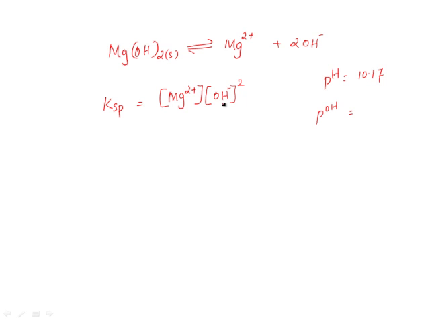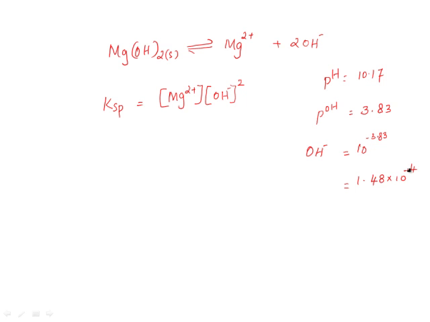So pOH is 3.83. Therefore, OH minus concentration is 10 to the power negative 3.83. What do we get? 1.48 into 10 to the power negative 4.